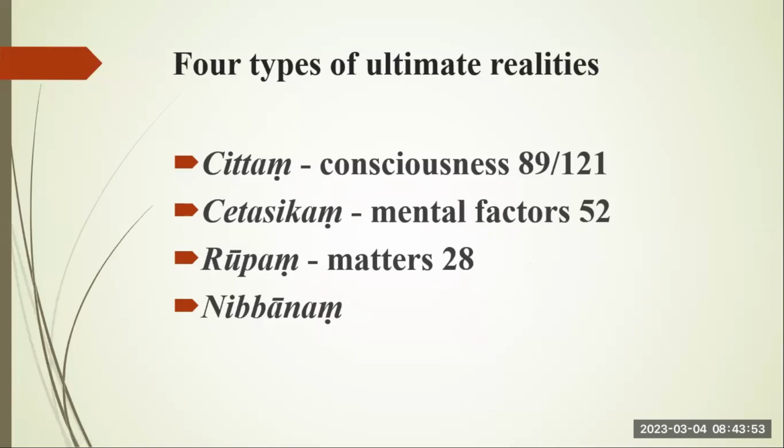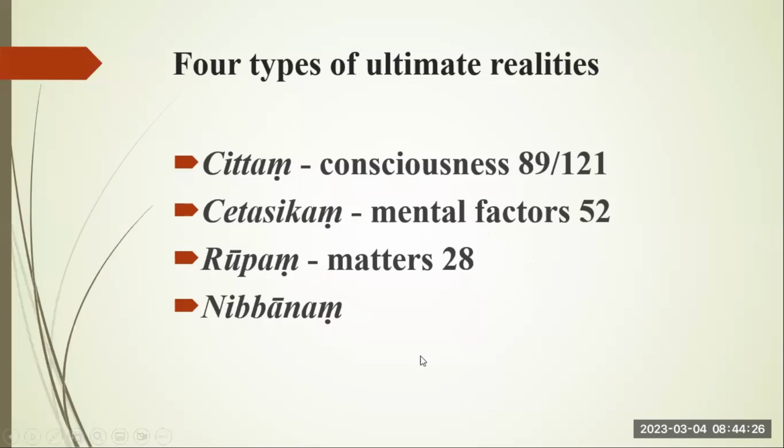What are the four types of ultimate realities? You have already known them in Pali: Chitta, Cetasika, Rupa, and Nibbana. Chitta means consciousness or mind. In the first chapter, we will learn 89 Chittas in the short method, 121 in the long method.